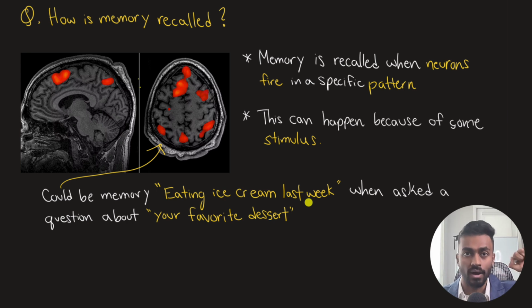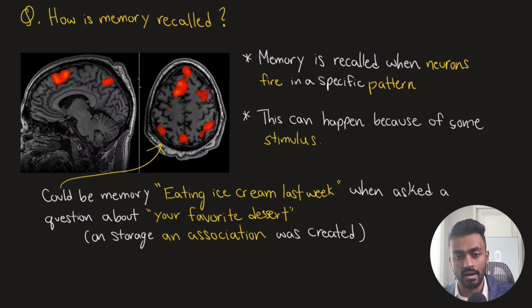So, when you are prompted with some initial hint of eating your favorite dessert, we are able to then recall the memory of eating ice cream last week, all because an association was created between them.